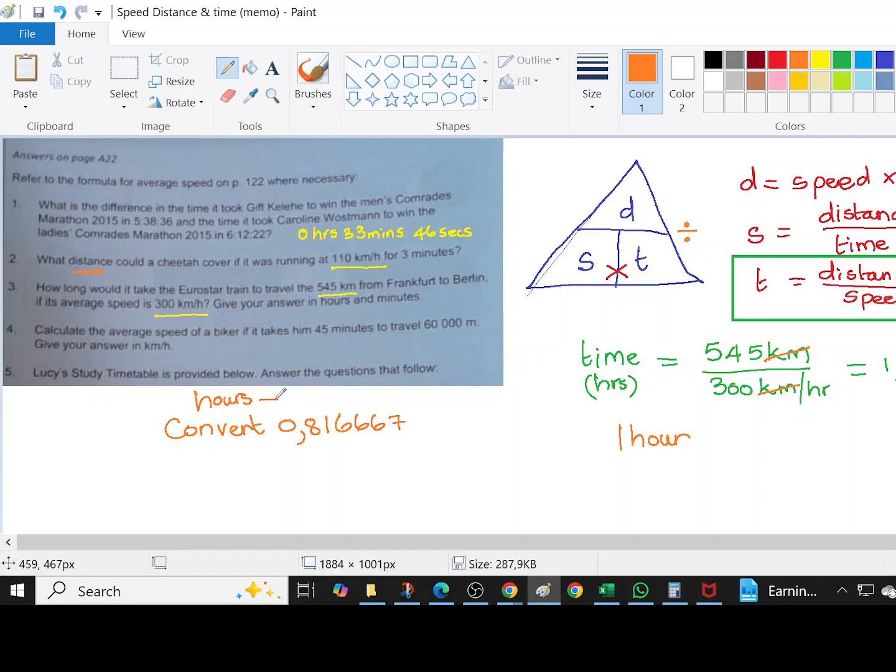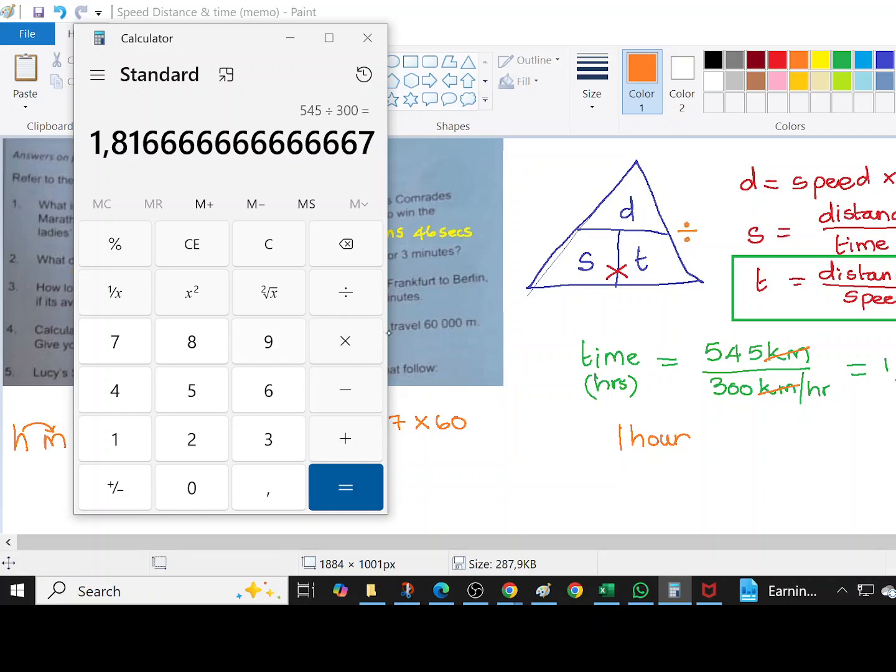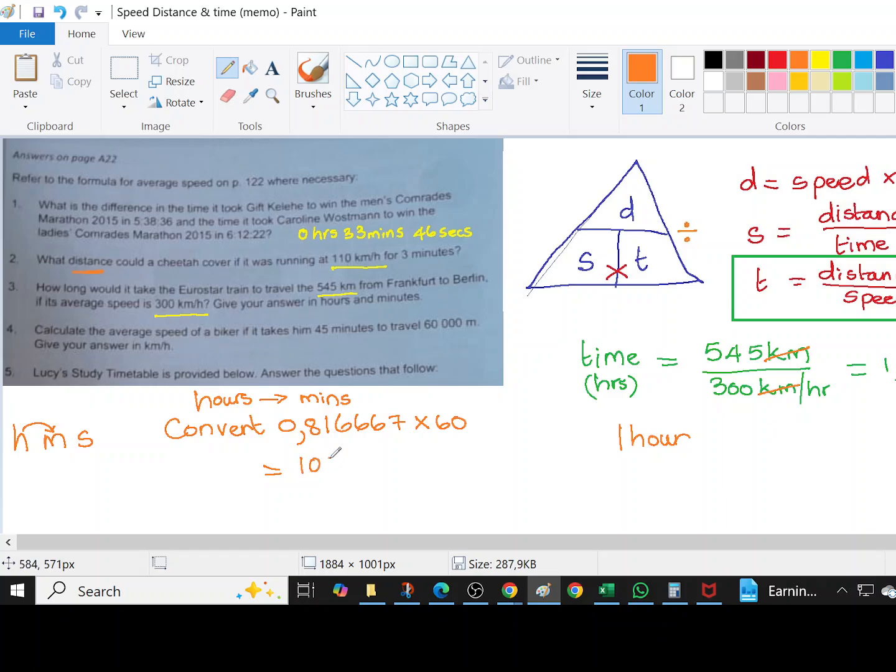Hours to minutes. What do we do there? If we go hours to minutes, there's your H, there's your M, there's your S. Times 60. Correct. Hours to minutes. Fantastic. So you times by 60 and you get an answer. You can leave that in there and just times it by 60 and you get 109 minutes.